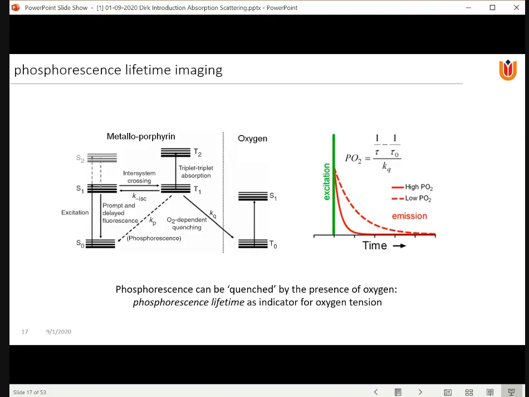So that means that if you have this kind of molecule, you would normally see phosphorescence, but now in the presence of oxygen, you won't see that anymore because the energy has transferred to the oxygen. So you can do a type of measurement, as in the graph there, where you have a very short pulse to excite the metalloporphyrin molecule, and then since this process is pretty long, you can just take a time measurement to monitor how much phosphorescence you will see.